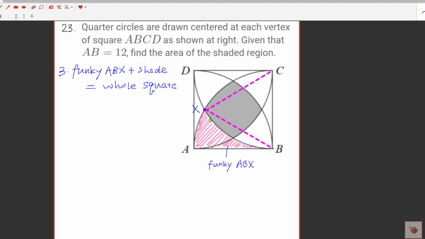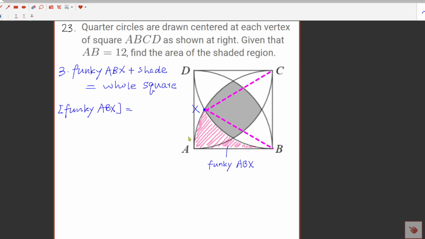Then let's try to solve the funky region ABX. This region equals sector ABC minus the region bounded by BC, BX, and CX.